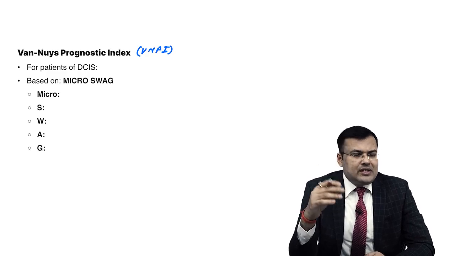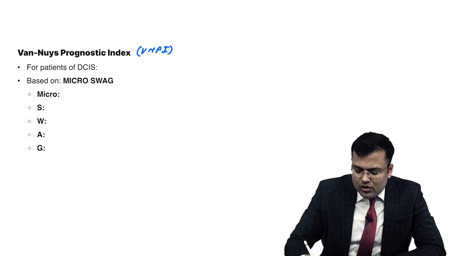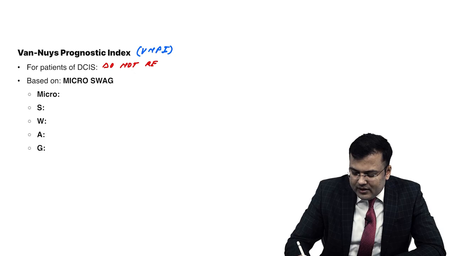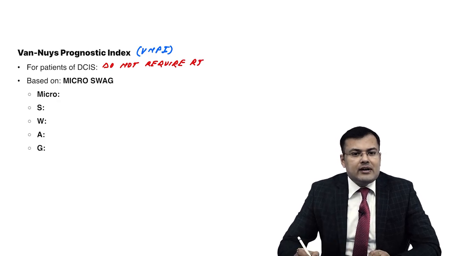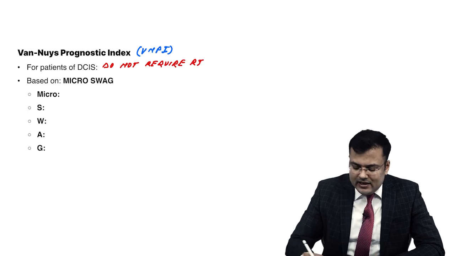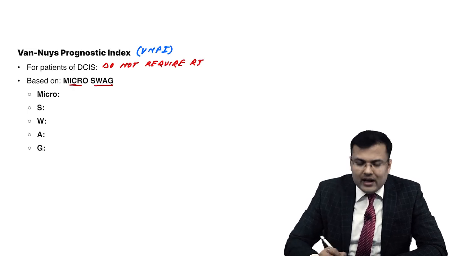For those DCIS patients who do not require radiotherapy, we are using this VNPI, the Van Nuys prognostic index, and it is based on micro swag.